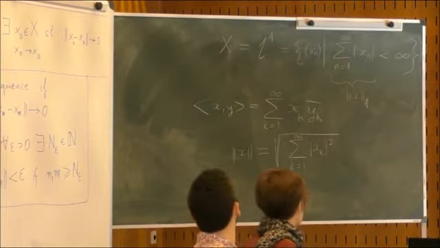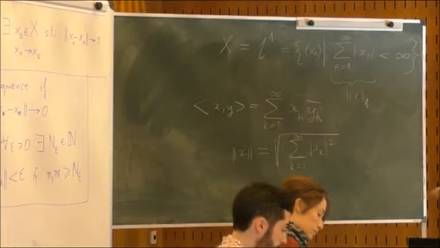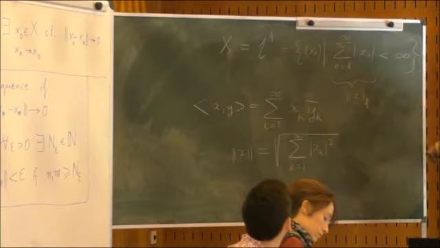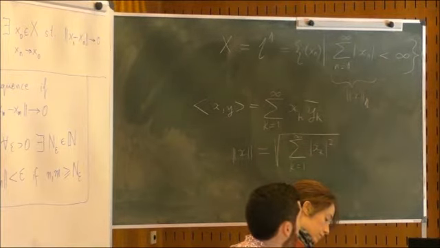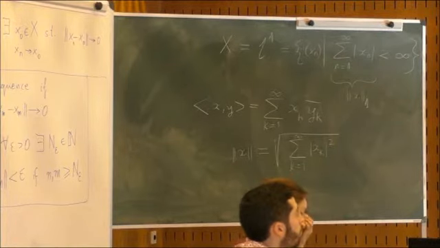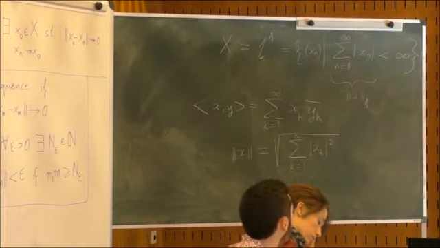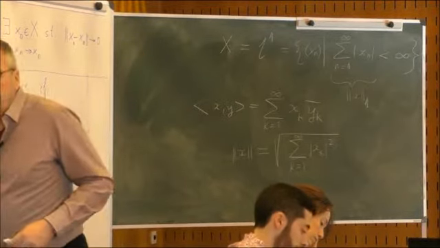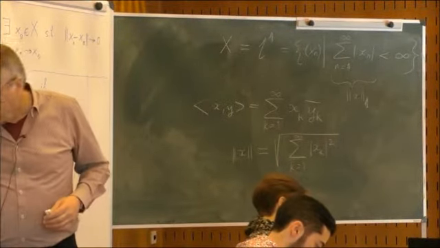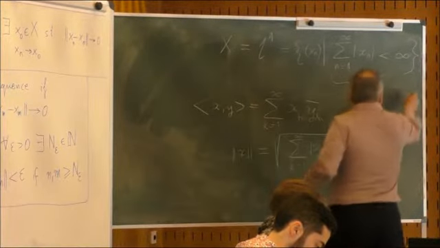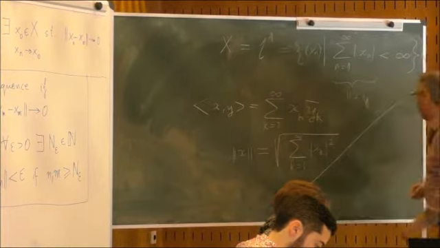Now, here we have a space with an inner product and the corresponding norm. My claim is that this inner product space is not a Hilbert space. To prove that, we have to find a sequence in this space which is Cauchy but not convergent. Let's define it like this.